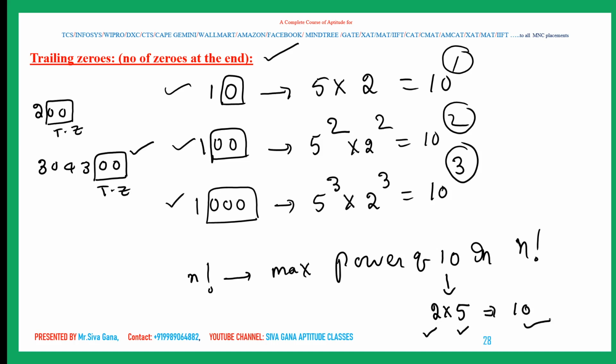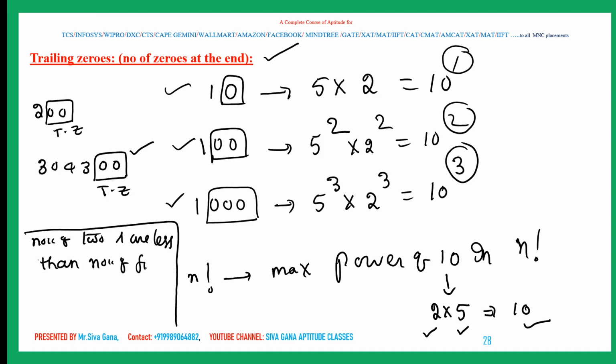Okay, but listen, very important point. In any factorial, number of 2's are more than number of 5's.